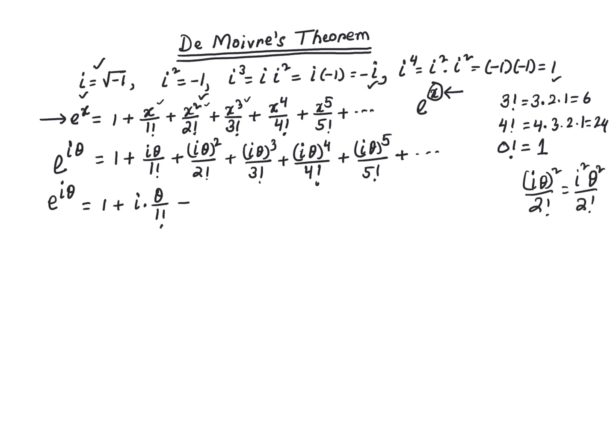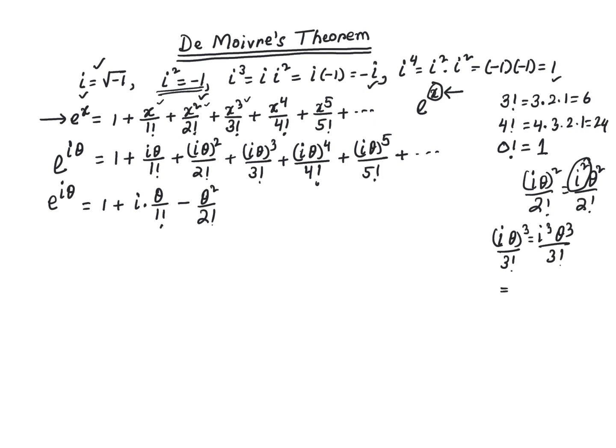But I just showed that i squared is negative 1, so this is actually negative theta squared over 2 factorial. Now the next one is (i theta) cubed, which is i cubed theta cubed, and of course it's divided by 3 factorial.